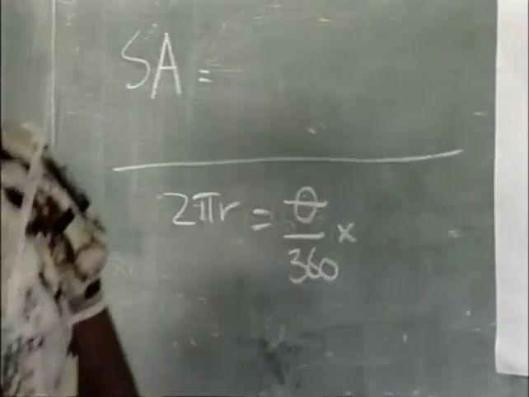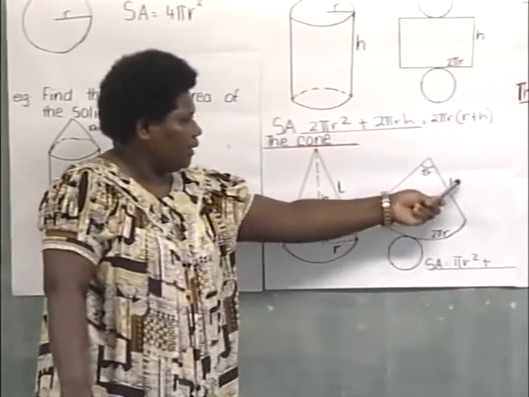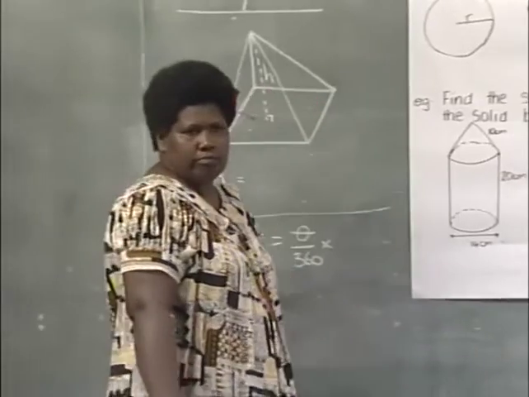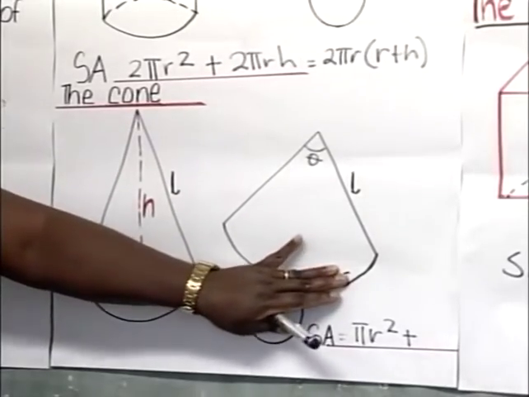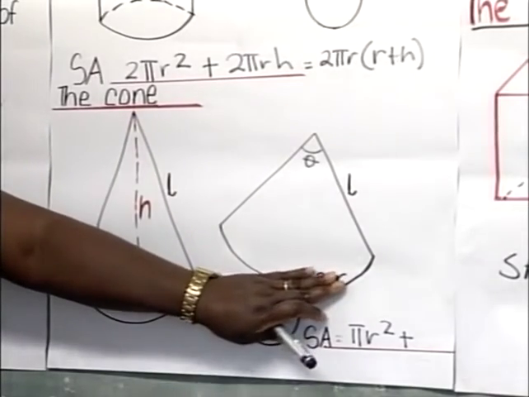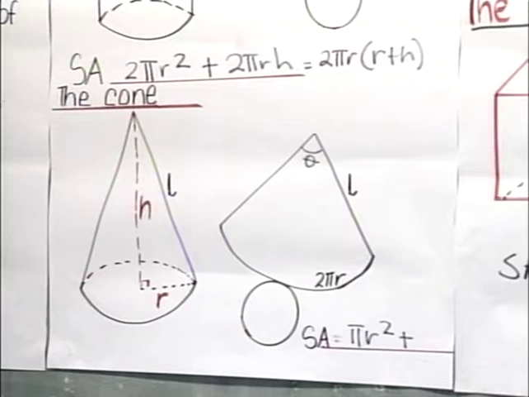Now, what would be the arc length if this one was theta and this one was L? Okay, forgetting this one first. This one we know it's from the circumference of a circle, but if it was not there, how would you calculate it given that this is theta and this is L?